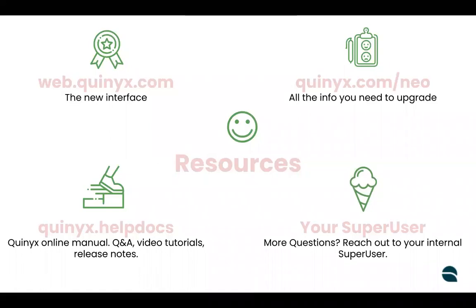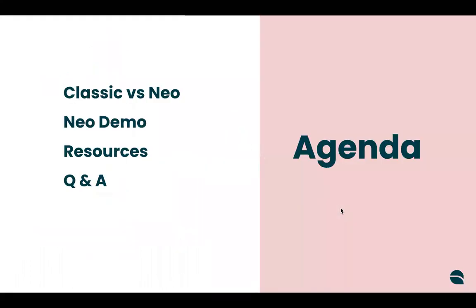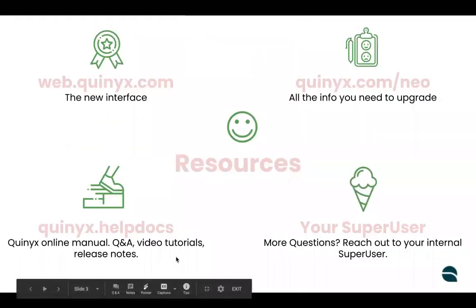Well, the new interface, web.quinyx.com, I'm pretty confident that has not gone unnoticed by anyone at this point. You know where to go to log into Neo. Quinyx.com/Neo if you want to read a little more general information about the transition. We have a webpage for it, but mainly Quinyx Help Docs.